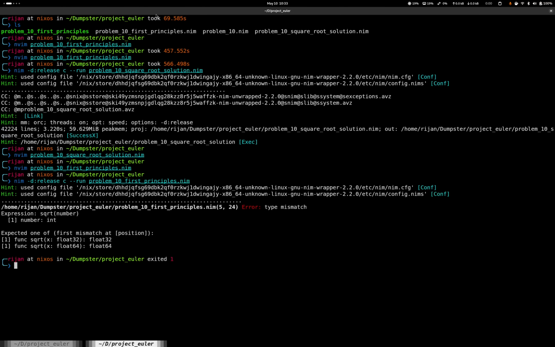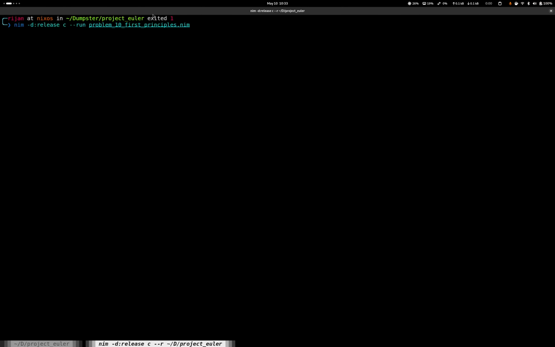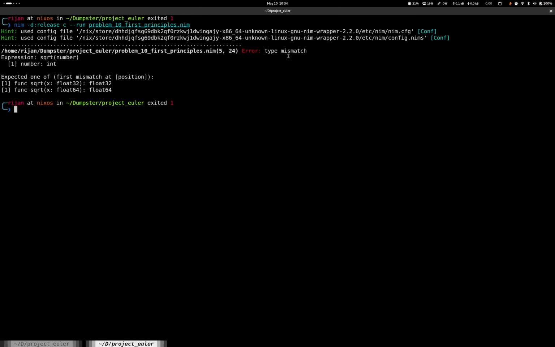Okay, so this was what I was trying to do. All right, so error: type mismatch, expression square root, number int expected one of, first mismatch at position I. Okay, so for position I, it's expected either a float32 or a float64.